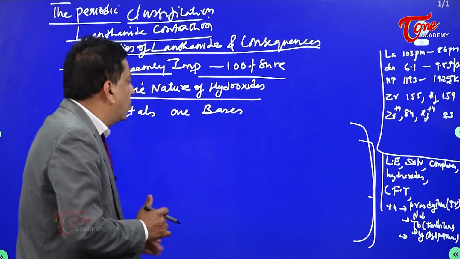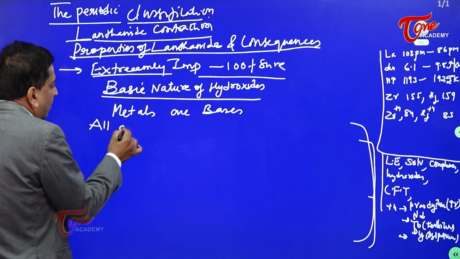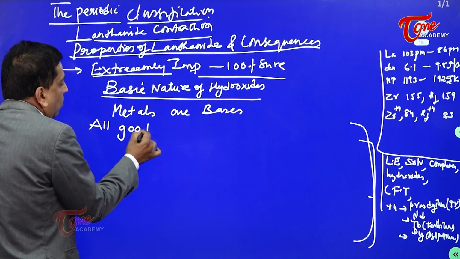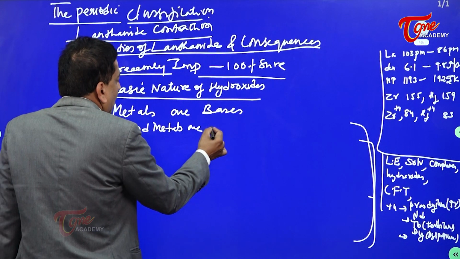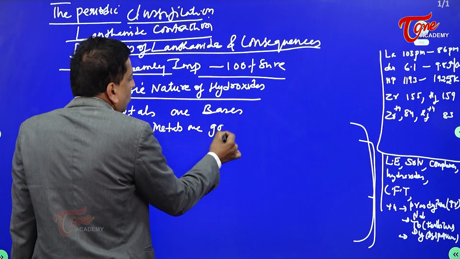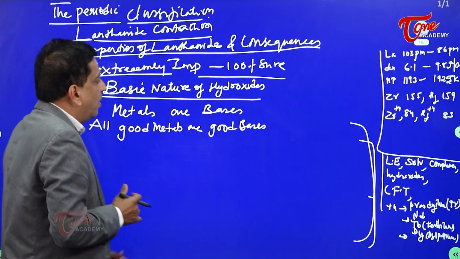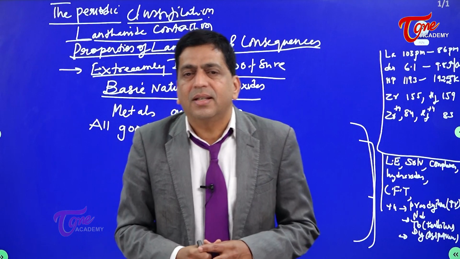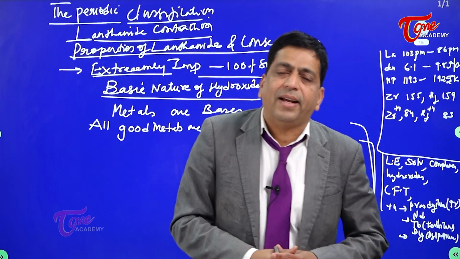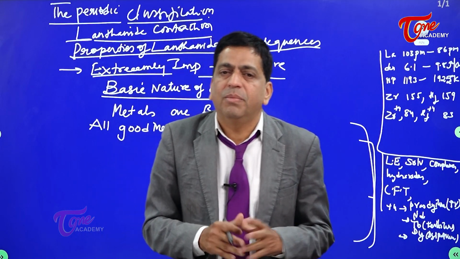And all metals are bases. If this is the case, well, I would like to call all good metals good bases. I think you will agree with me. Because metals are said to be basic, good metals exhibit more basic character. They exhibit more basic character. You must understand.